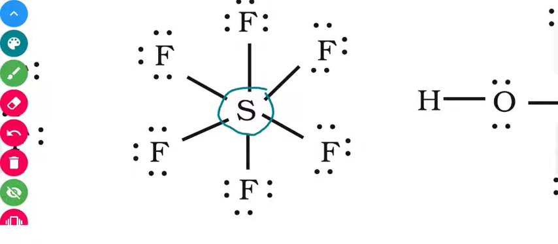As you can see, we have a total of 6 bonds around the sulfur. 6 bonds represent a total of 12 shared electrons. So in the case of sulfur, we have 12 electrons surrounding it, or 12 valence electrons. For fluorine, the situation is the same as before.